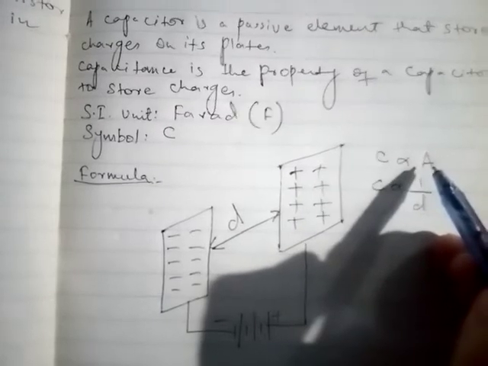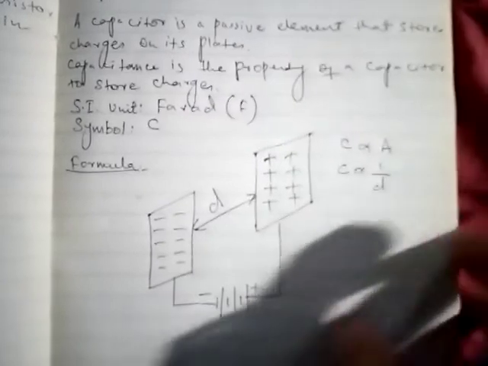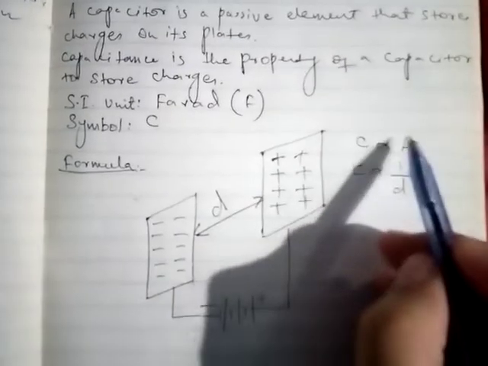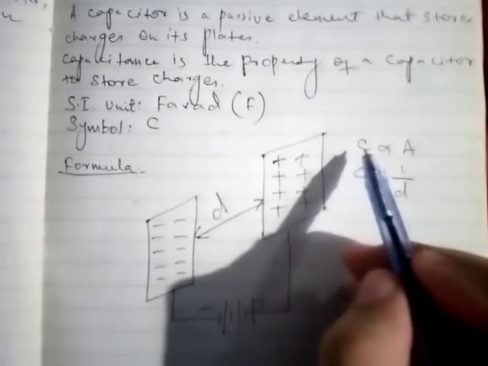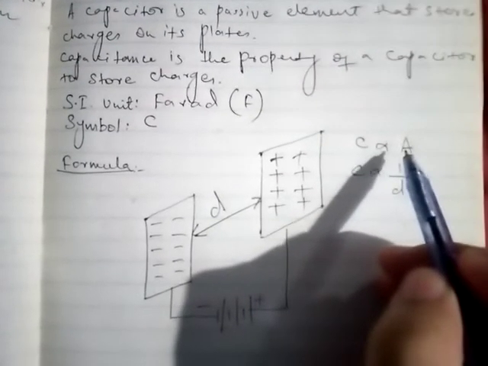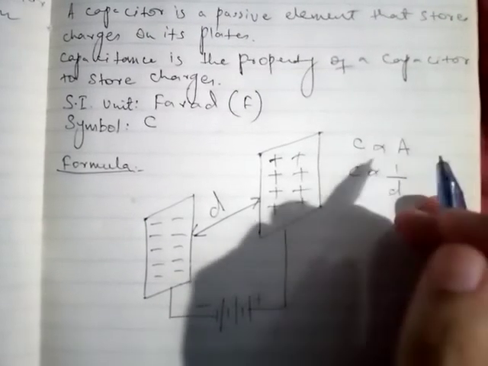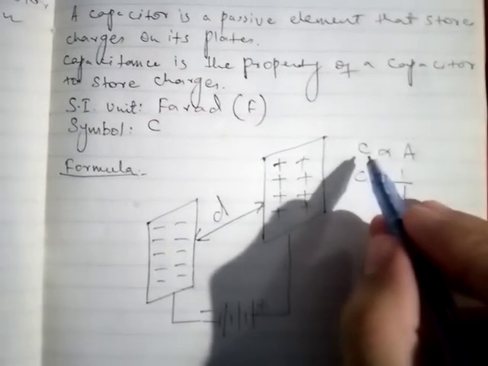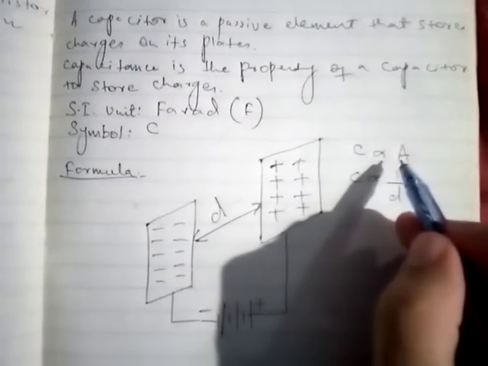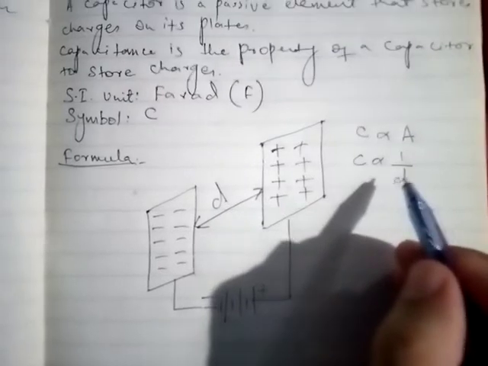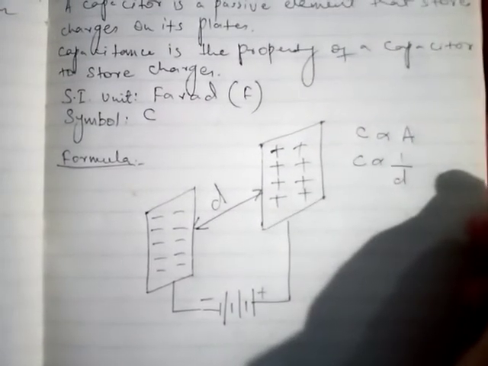If the size of the plate is big, it means its area is large, then the capacitance of the capacitor will be high. If the size of the plate is small, it means its area is less, then obviously the capacitance will be small. So capacitance is directly proportional to area and inversely proportional to the distance between the two parallel plates.